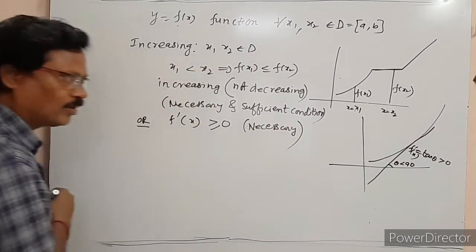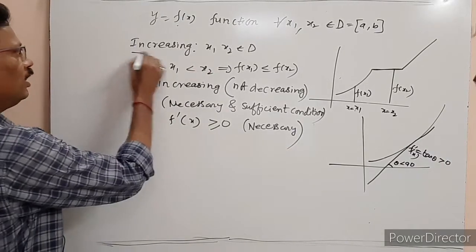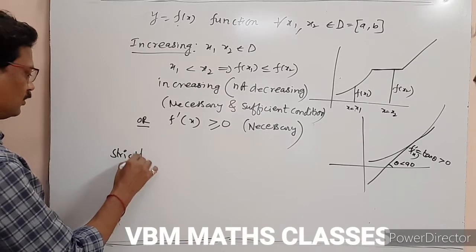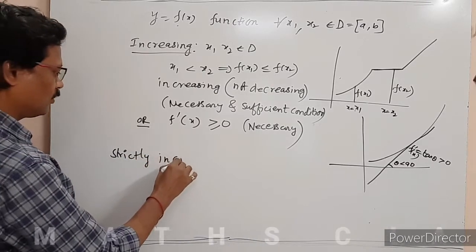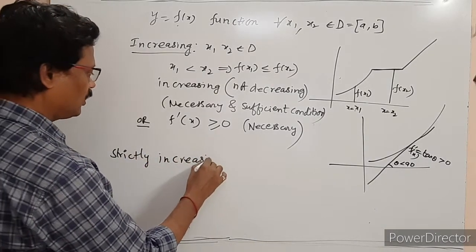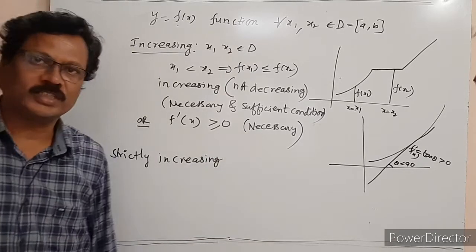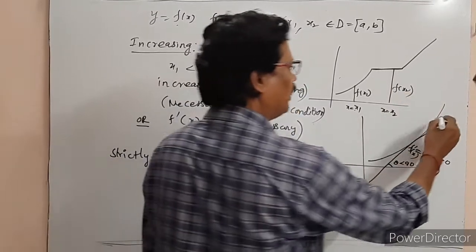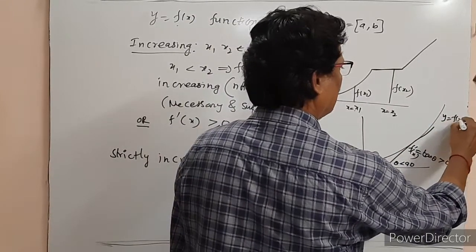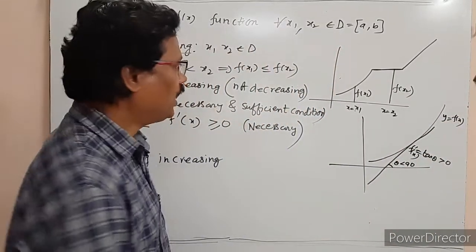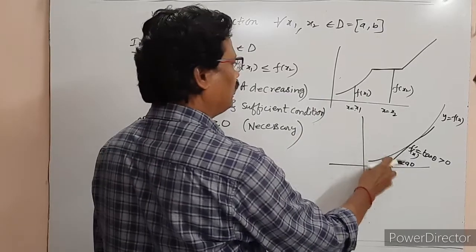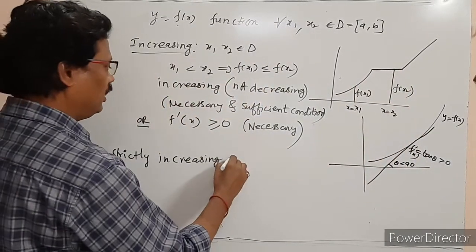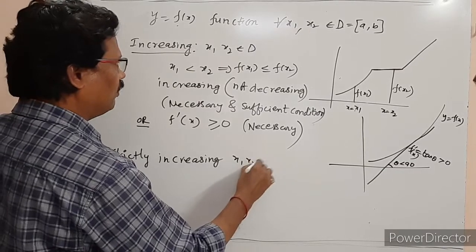Okay. Now let us see the strictly increasing. Now this graph is strictly increasing. This is y is equal to f(x). Take any two points like this, x1, x2, f(x1) less than f(x2).